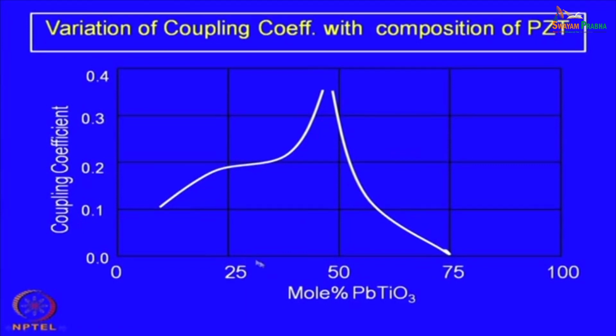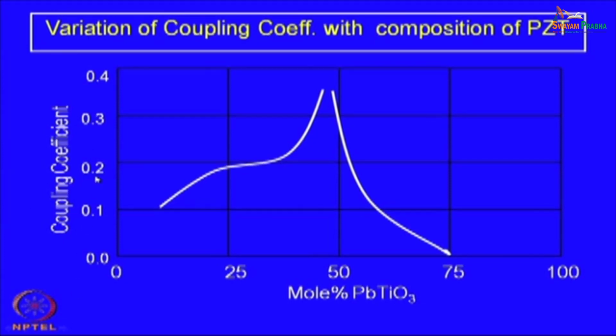Once again it is plotted as a function of mole % lead titanate, and here what we plot is coupling coefficient. So, that is one of the very important properties of piezoelectric materials.